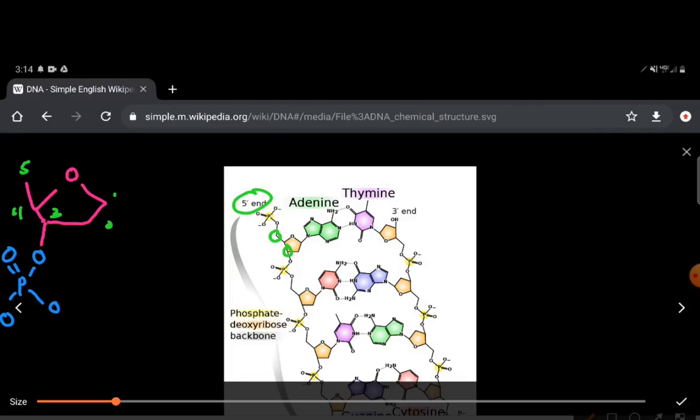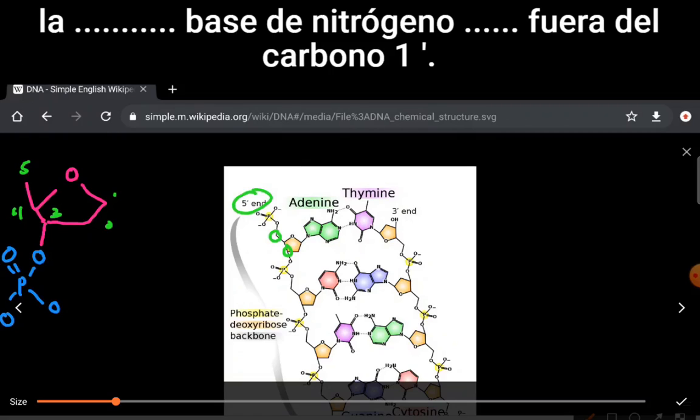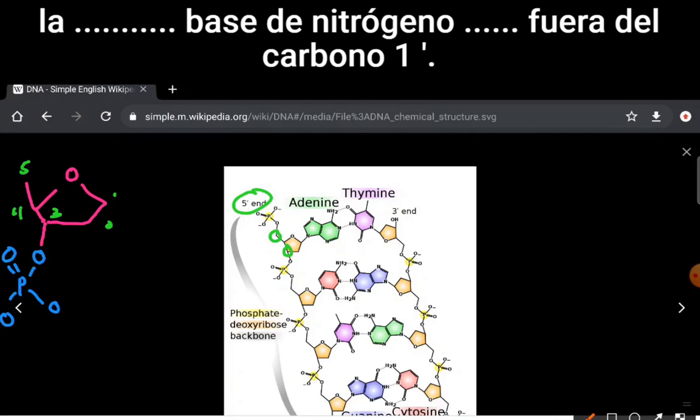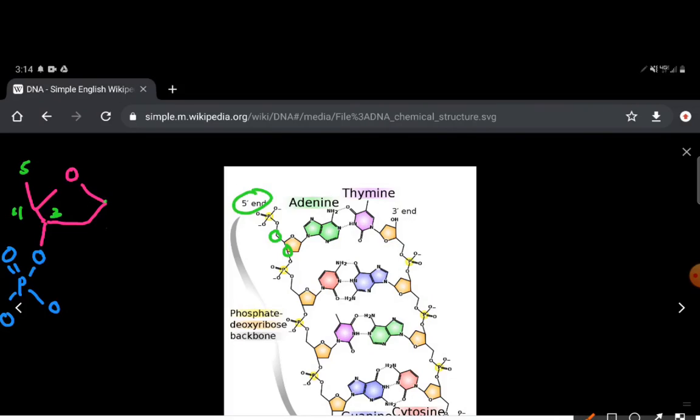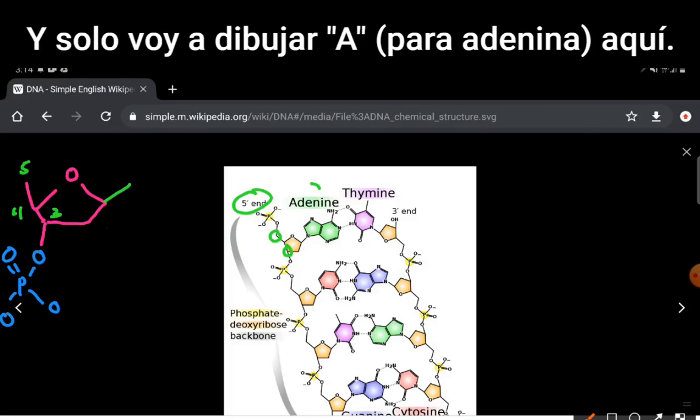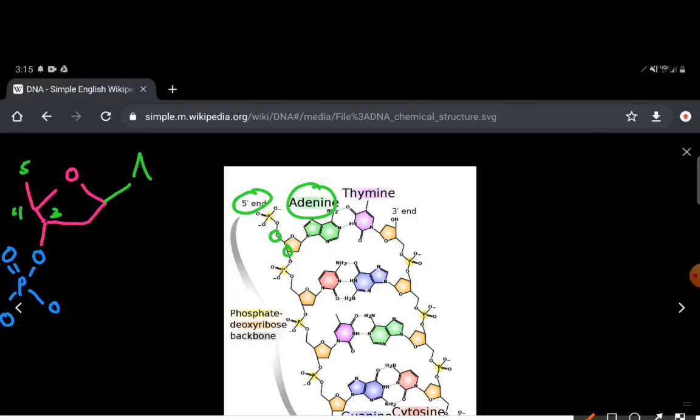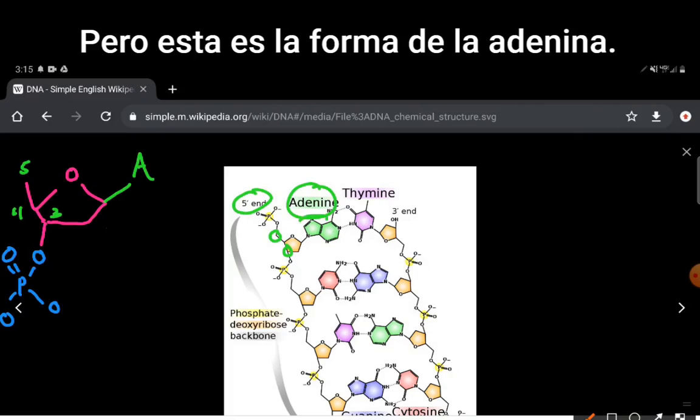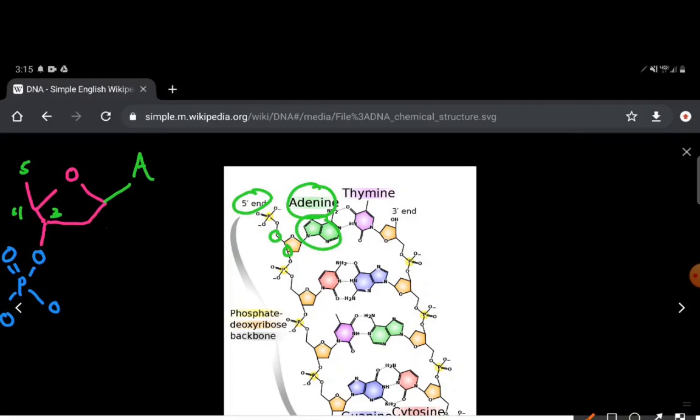Next we have the nitrogen base off of the 1' carbon. And I'm just going to draw A here. But this is the shape of adenine.